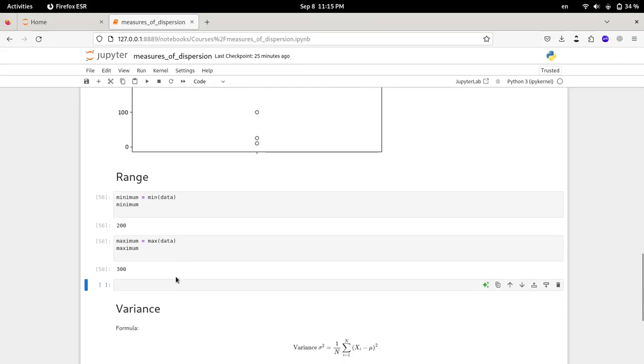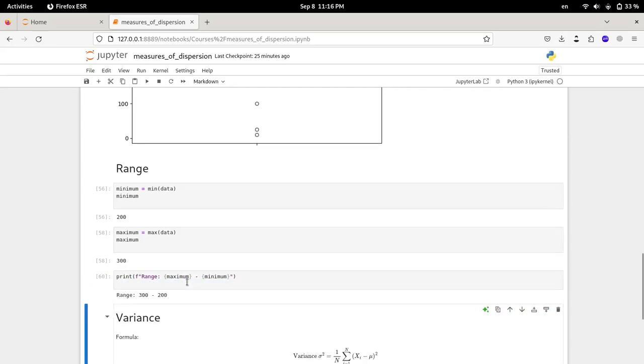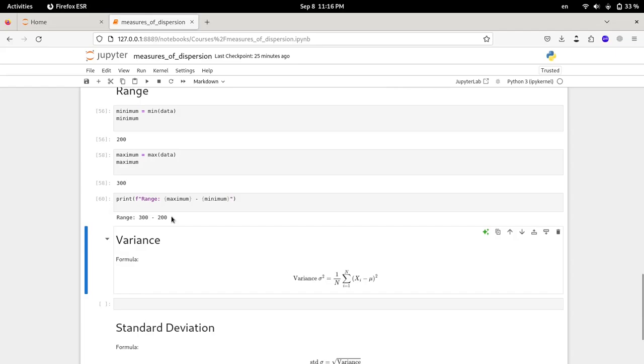This is 300, and so this is the range actually. So if we want to print it, our range is 200 to 300.